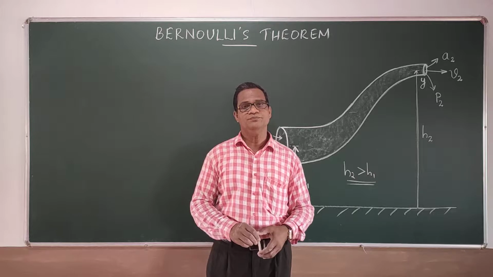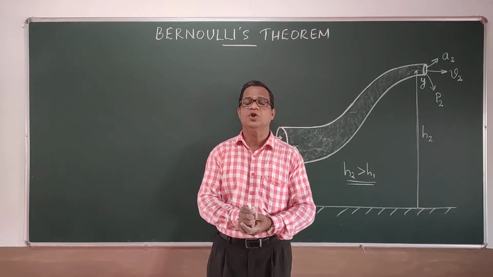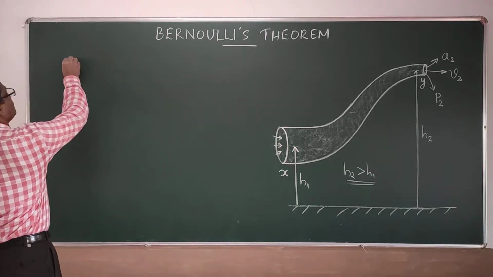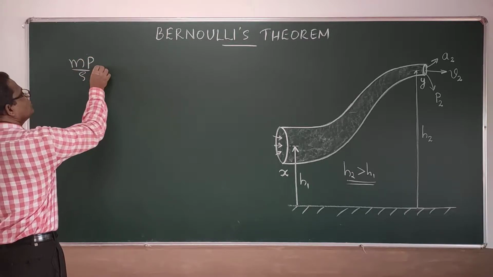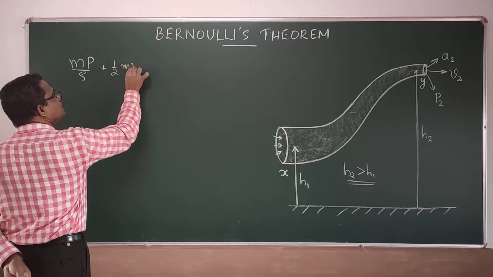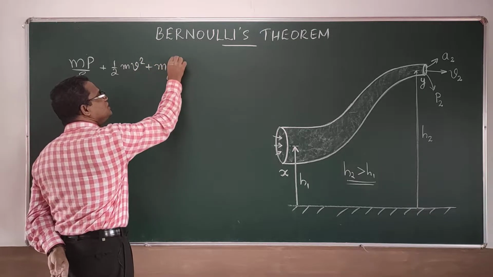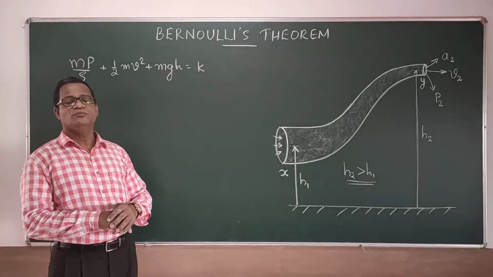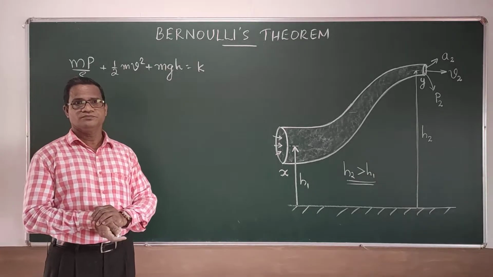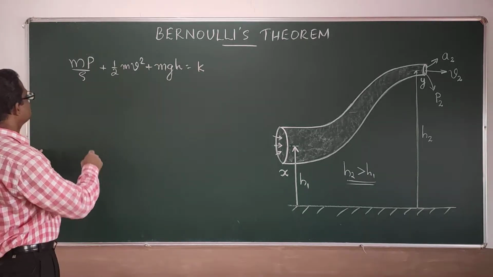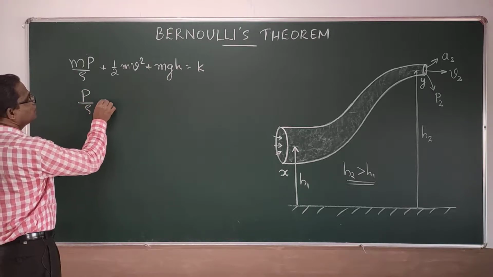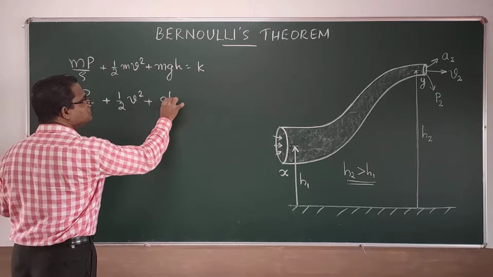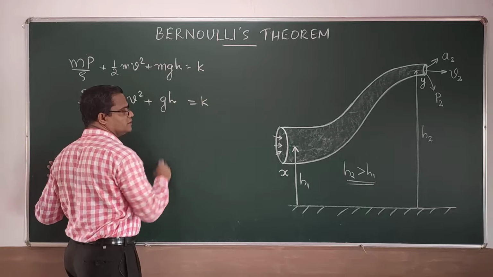Bernoulli's theorem, we continue with the special cases of Bernoulli's theorem. We understood that the total energy equation, P by rho plus half V square plus gh, remains a constant. This is the mathematical form of Bernoulli's theorem. Now a little bit of adjustment: P by rho plus half V square plus gh remains a constant.